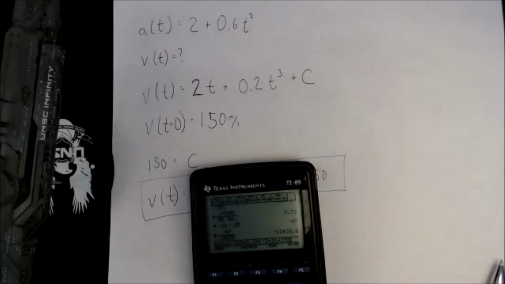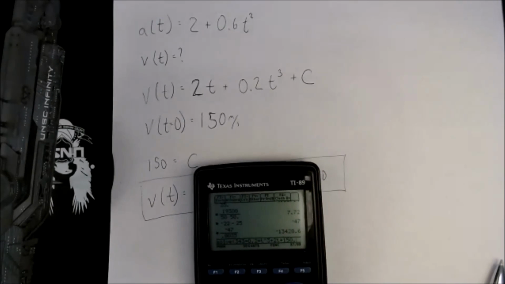And then if you hit comma, and the thing that you want to solve for, we want to solve for t. So I hit comma t, and then I close my parentheses. The comma t says solve for t.